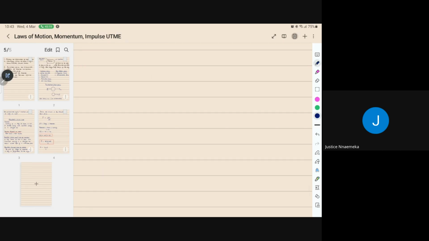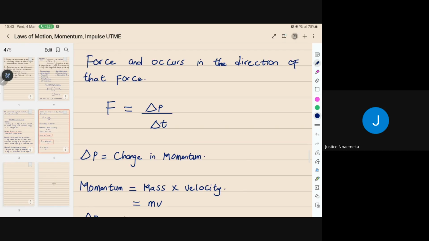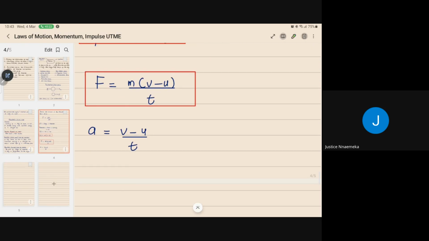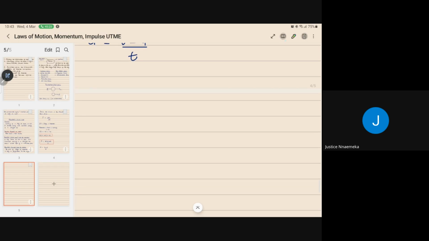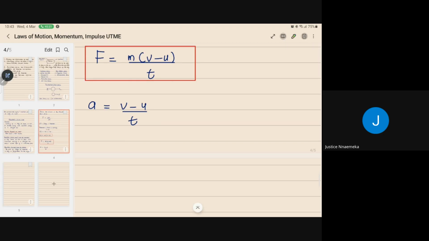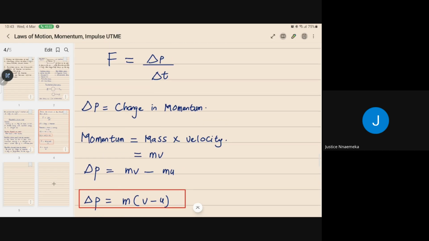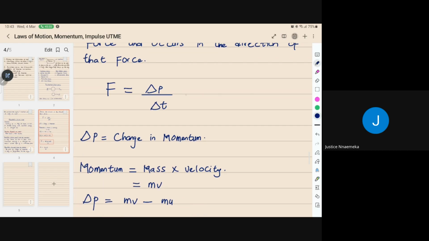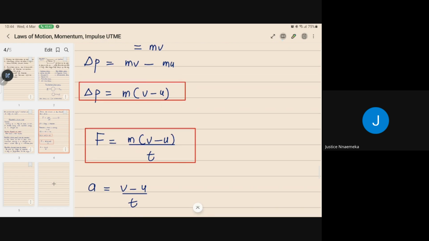Therefore, we are going to plug in that very value into our equation. Let's call this equation 1 so that it will be orderly. Let's call this equation 2.